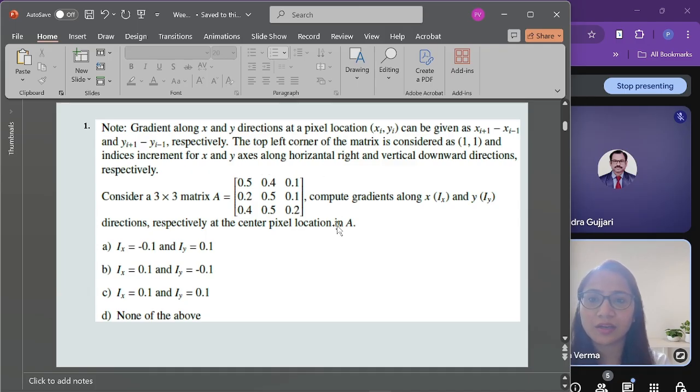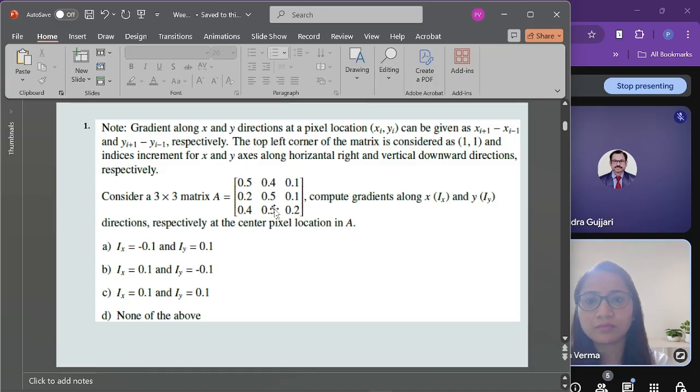The question is: gradient along x and y direction at a pixel location xi, yi can be given as the difference of xi plus 1 and xi minus 1, and yi plus 1 and yi minus 1 respectively. The top left corner of the matrix is considered as 1 1, and the indices increment for x and y axis along the horizontal right and vertical downward direction respectively.